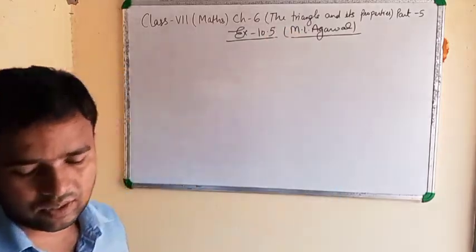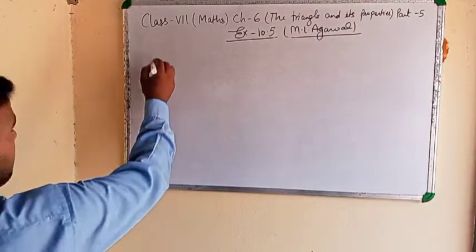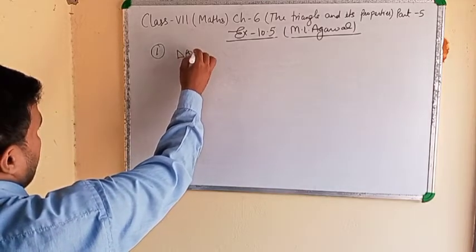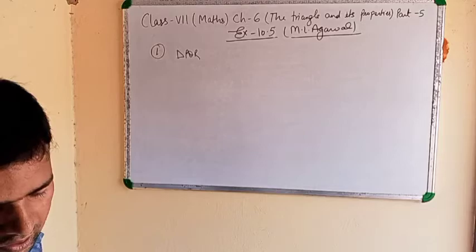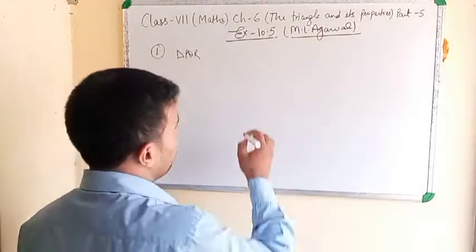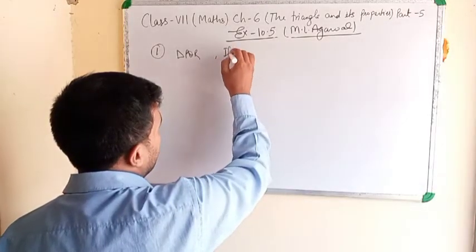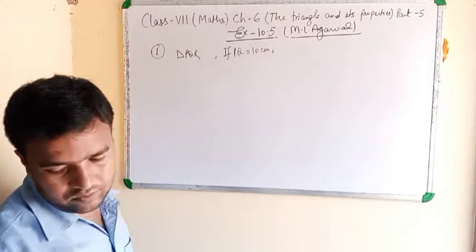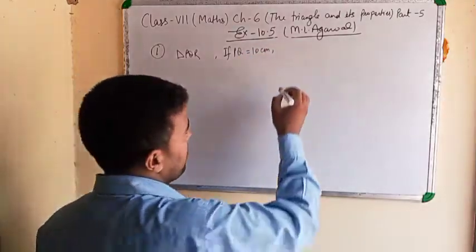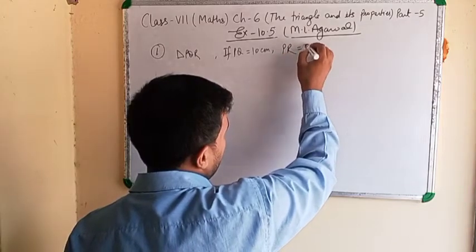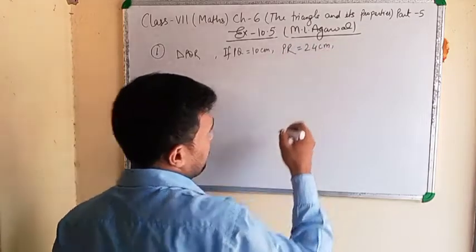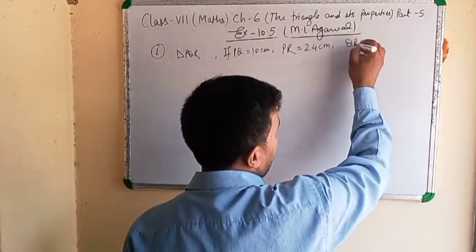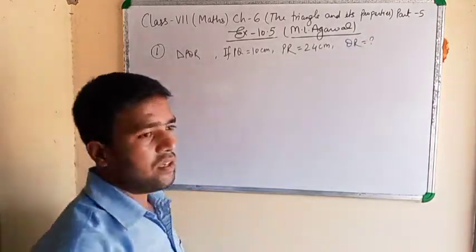Exercise 10.5, first question. PQR is a triangle. PQ equals 10 centimeters, PR equals 24 centimeters, and find QR.